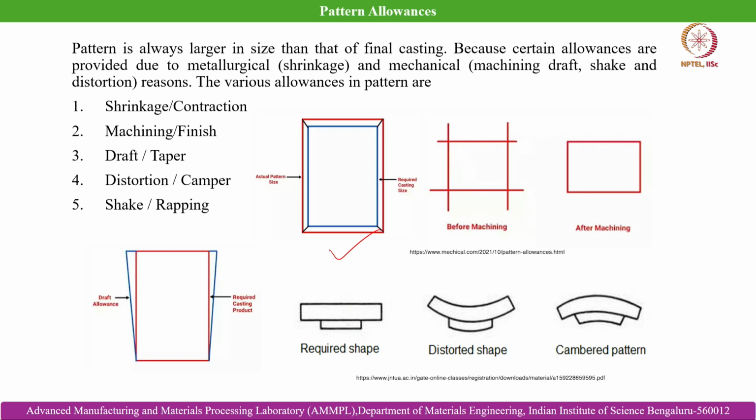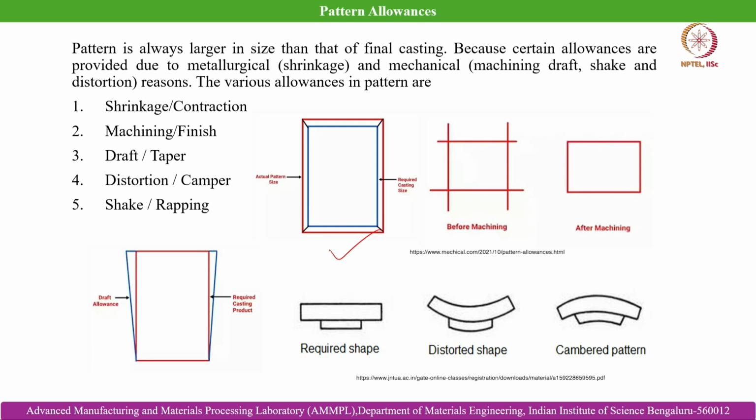After this we talk about the machining or finish allowance. Again, machining and finish allowance varies from material to material and also from component to component, depending upon the accuracy and surface finish we expect in the cast part. Often there are complicated parts which are difficult to produce by the casting process alone.